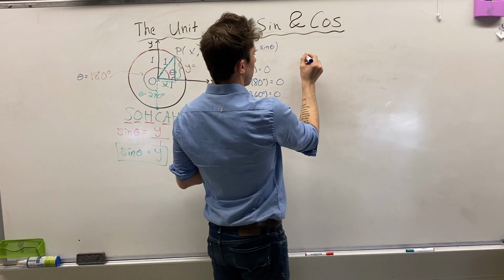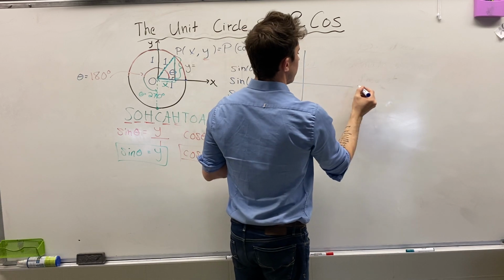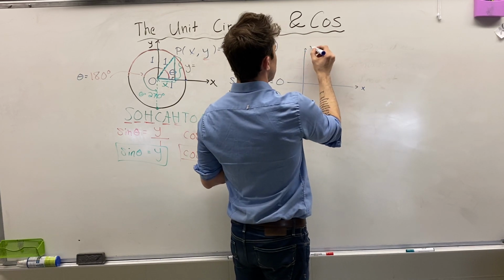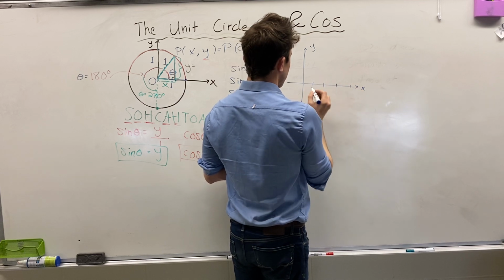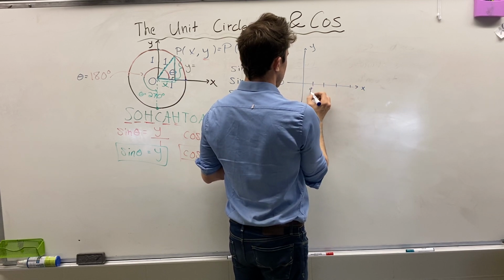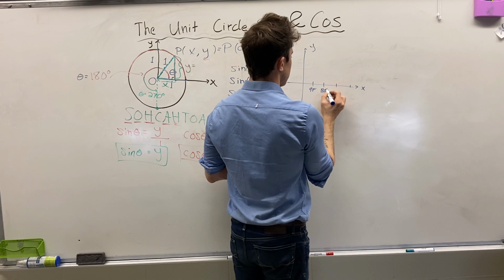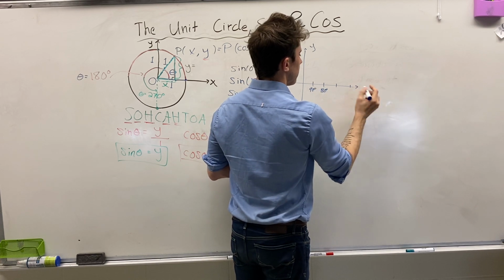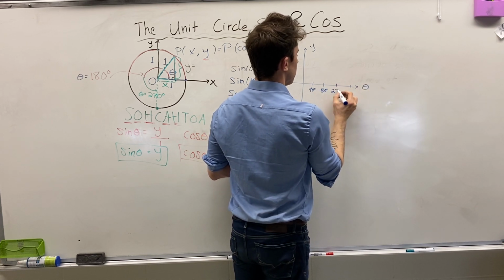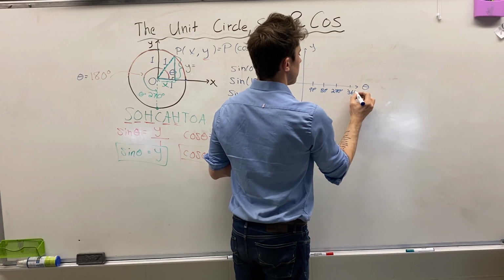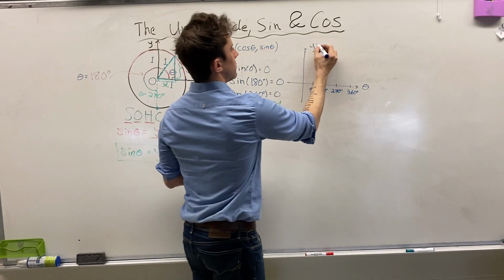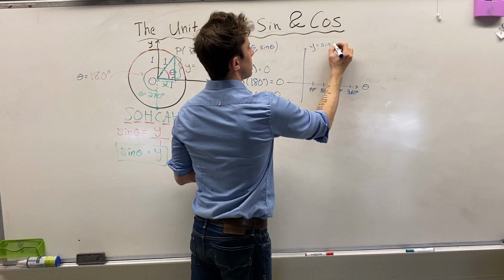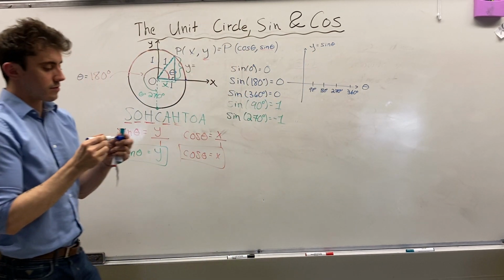If we want to draw a sine graph very quickly with only the really, really important points laid out, we'll have theta here, 270 degrees, 360 degrees, and we'll have y being sine theta, right?